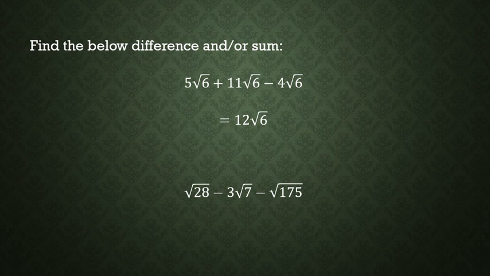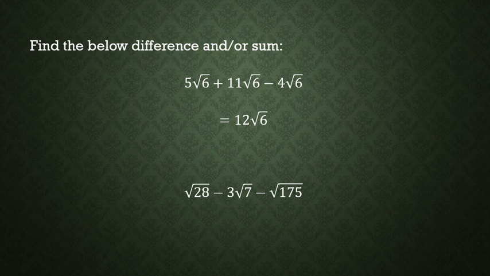I have a 28, I have a 7, and I have a 175 here. Typically, what you're going to do is you are going to deal with the larger of the radicands and leave the smallest radicand all by itself.